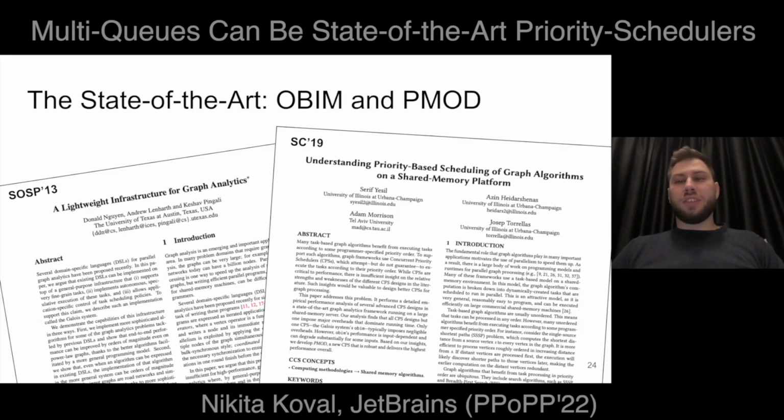In case of OBIM, this delta can be tuned, and in case of PMOD, this delta is adaptive, so PMOD merges and splits bags depending on the current workload. As you see, they do not maintain strict order. Instead, they maintain an order which is close enough to the priorities, and the implementation can be really fast and scalable. So OBIM and PMOD show outstanding performance.